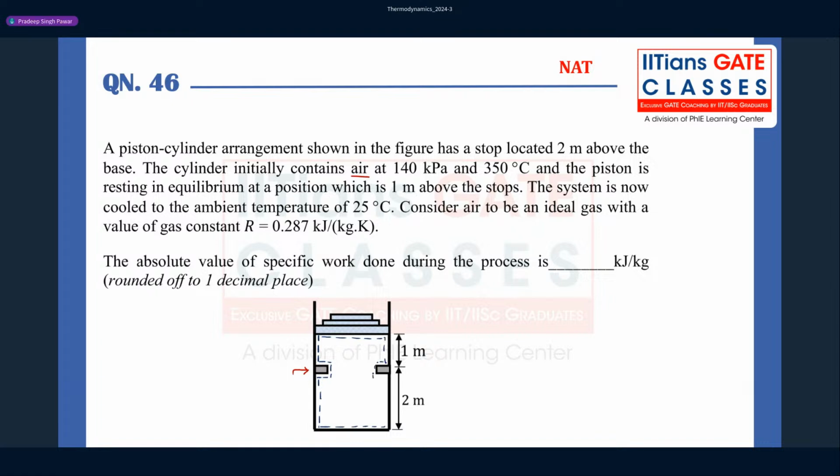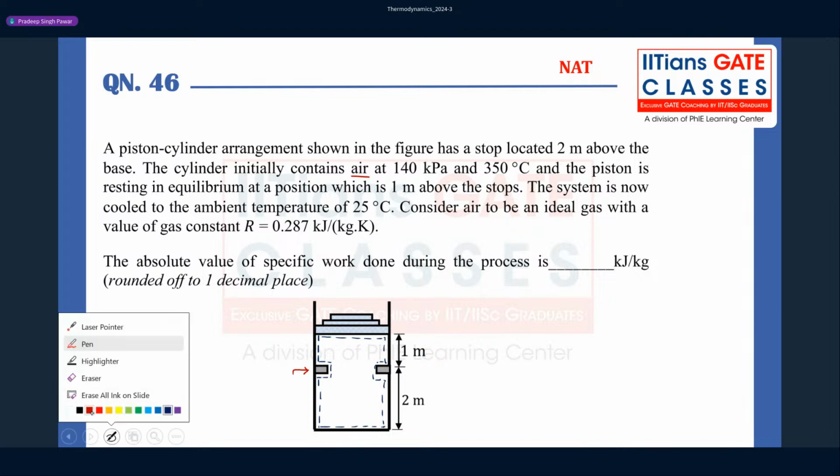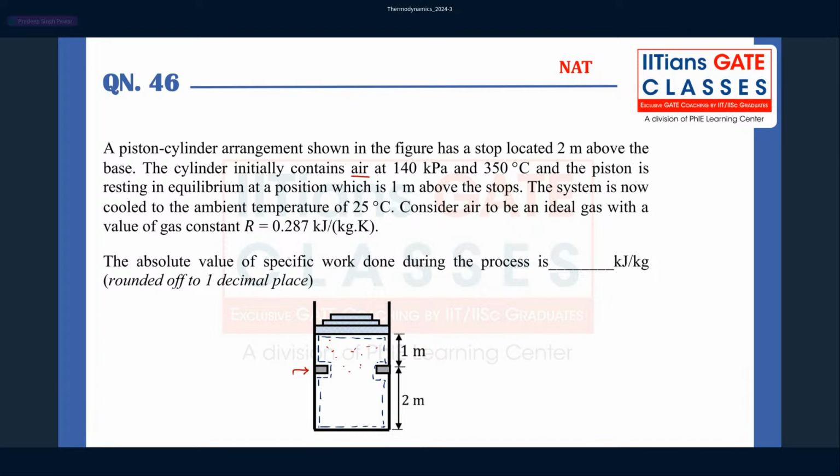This is my system boundary, and this air is my system, which I am drawing right now.